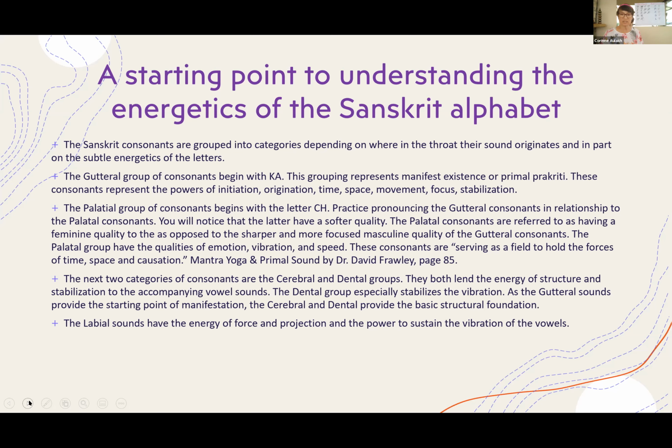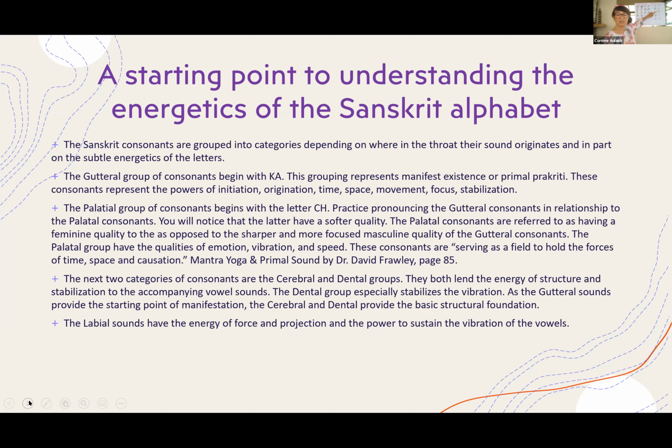It is the origin of something. It is the time, the space, the movement, focus, stabilization. But think of it more as a harsher defined parameter.